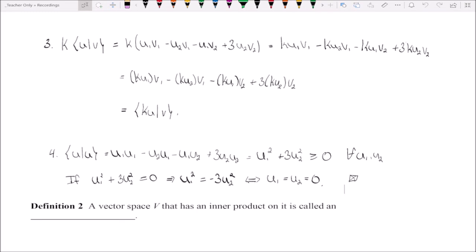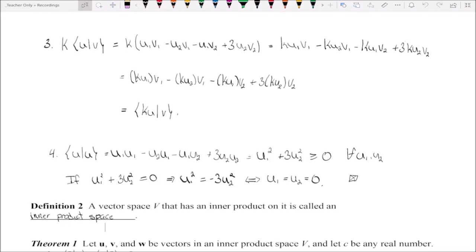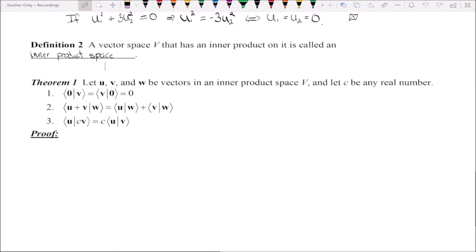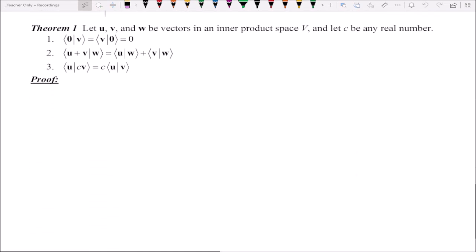A vector space that has an inner product defined on it is called an inner product space. Take three vectors u, v, and w in an inner product space and take c to be any real number. Then the following three statements hold. First, the inner product of the identity with v is equal to 0.